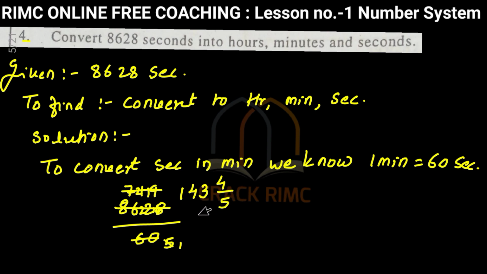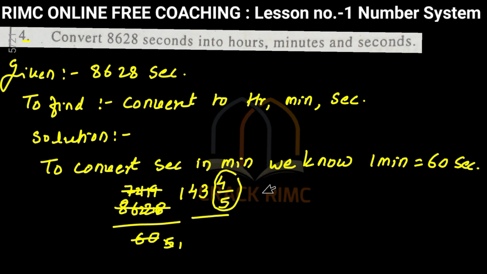So what we have got? We have got 143 wholes and 4 upon 5 seconds. So for this 4 upon 5, we will convert it in second. To convert it in second, we have to make this base as 60. So we will multiply by 12, numerator and denominator.